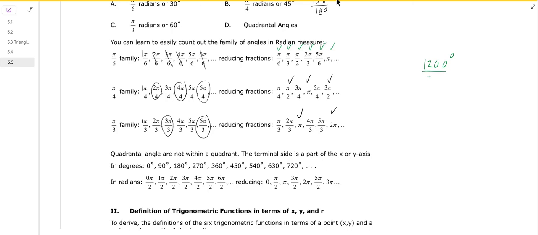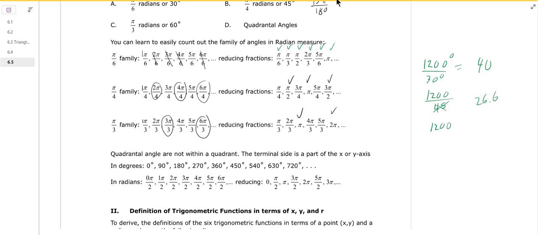Is it divisible by 30? Sure it is. If you take that and divide that by 30, it comes out as a whole number. So that would mean that this is in the 30 degree family. Well, is it in the 45 degree family? Take the 1200, divide it by 45. That's got decimals, 26.6. So you're not in the 45 degree family.